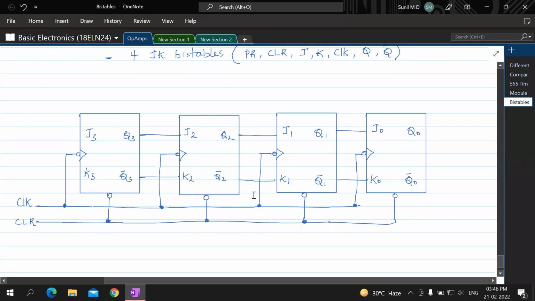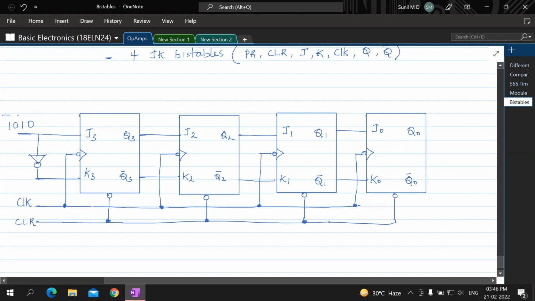Fine. Now there is an interesting thing happening. Everybody just see here. The first input, J3, and from there I take a NOT gate and give that to K3, and the serial input is 1010.